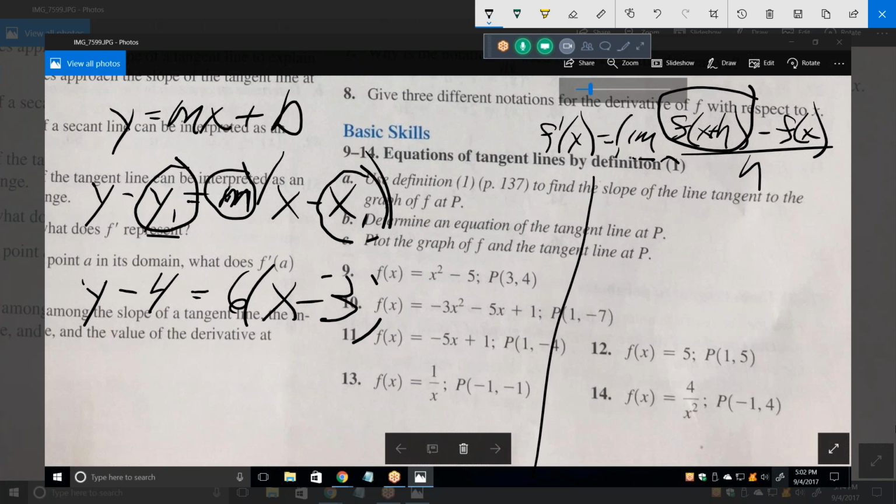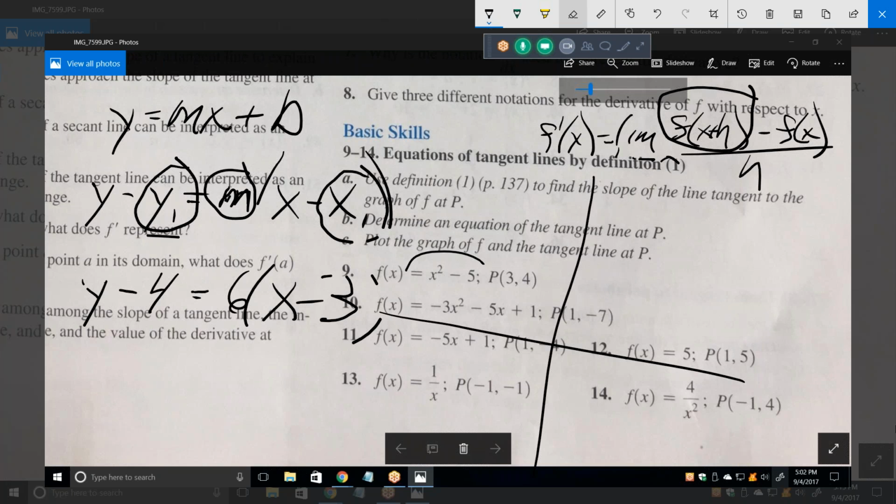Okay, so let's plot it. Okay, tell me what the graph looks like. And what we're graphing is the function, not the derivative, but the function. The derivative is the slope at any point in the function. How do I plot x squared minus 5? So the third part of that problem says plot the graph of f and the tangent line at that point.